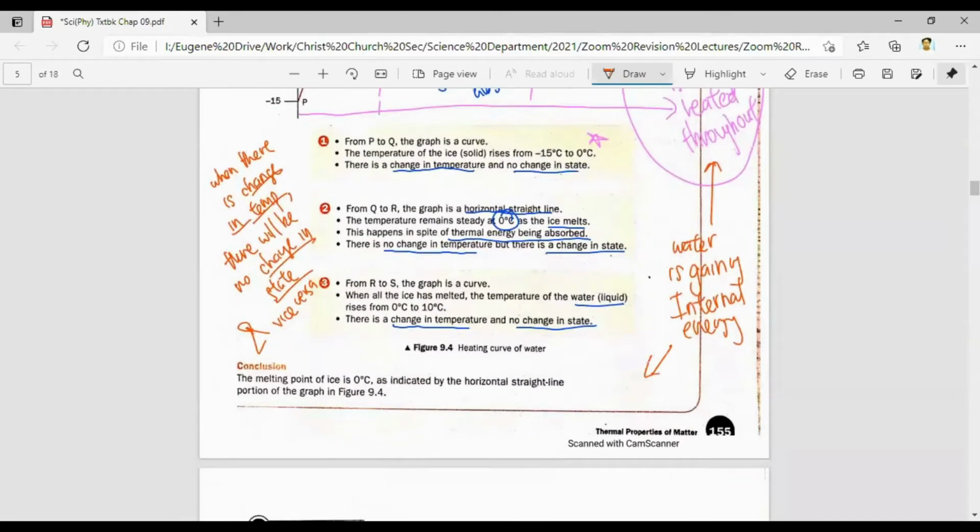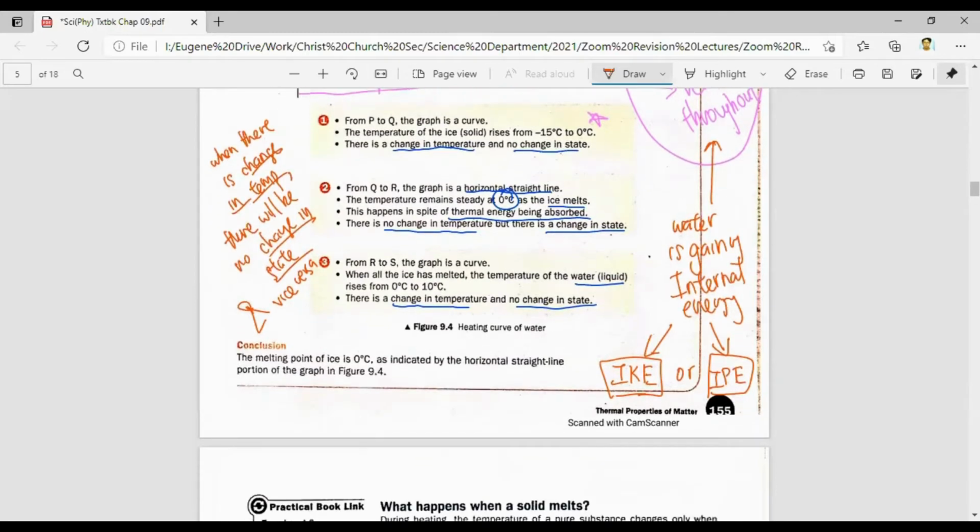This internal energy can either be converted into internal kinetic energy, or it can be converted into internal potential energy. It can only convert into one of them at a time. In your syllabus, as mentioned, listen up carefully. When the water gains internal energy, this internal energy can either become IKE or IPE, only one at a time.